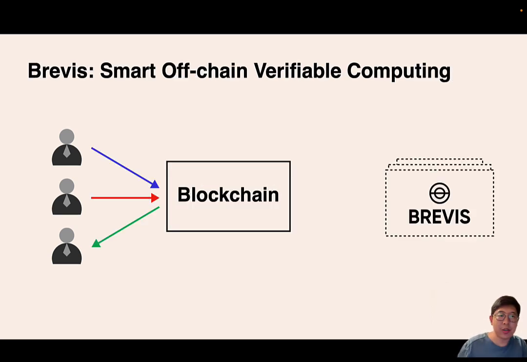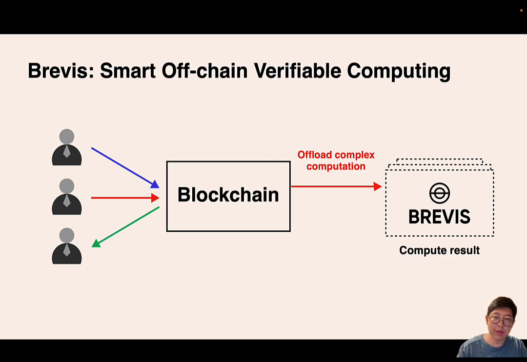So what Brevis is trying to do here is Brevis is trying to introduce this new paradigm of smart off-chain verifiable computing, where we can treat the blockchain as a glue to offload very complex computation to a very low-cost off-chain environment.